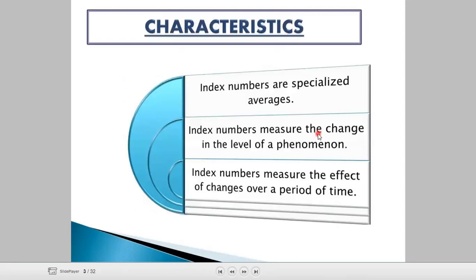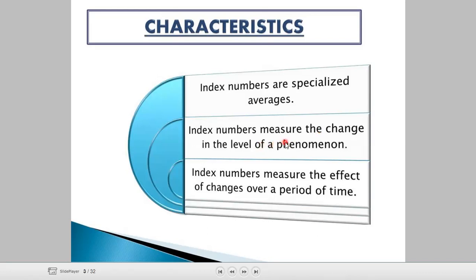Now, characteristics of index number. As with the definition, we can find out the features or characteristics. Among them, the first one is that it is a special type of average which is calculated with the help of numerical formulas.